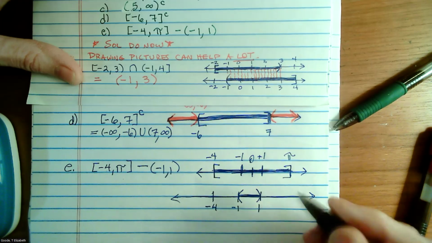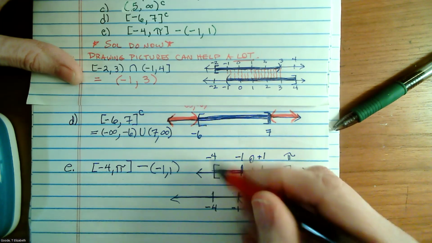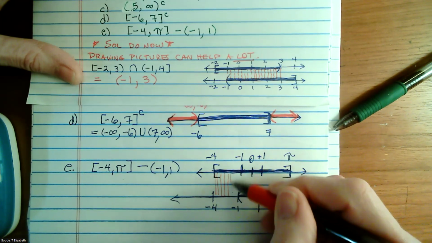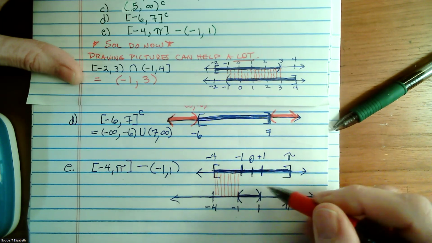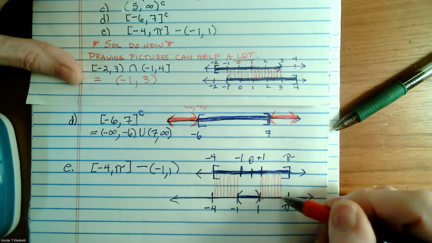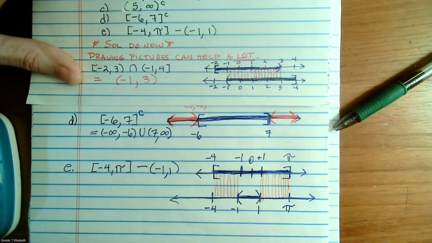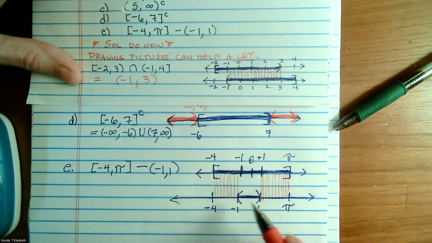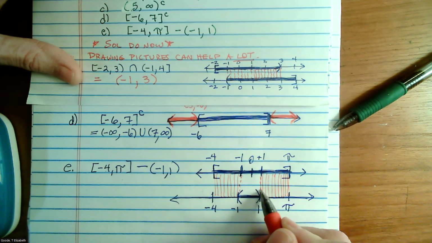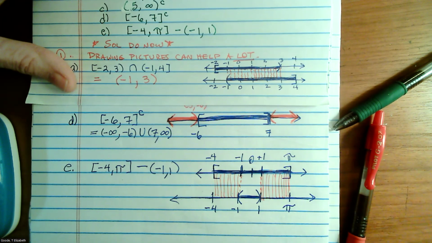Here's negative 4, here's pi, right? So we look to keep everything that's in the set from negative 4 to pi that's not between negative 1 and 1. So it's kind of like that area that we're going to keep. But we have to think about the bounds. We have to think about what's happening at negative 1 and what's happening at positive 1. Are they going to be part of the complement set or not?